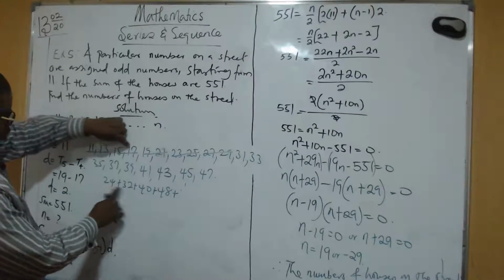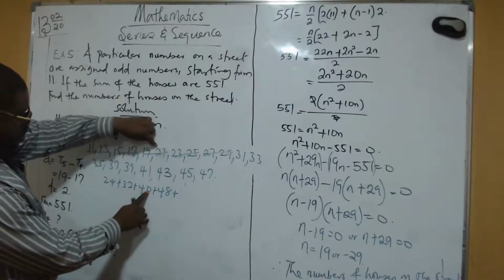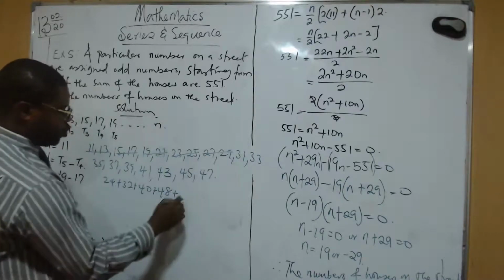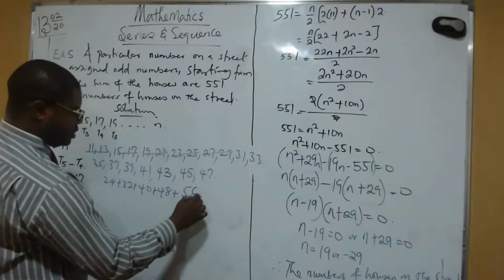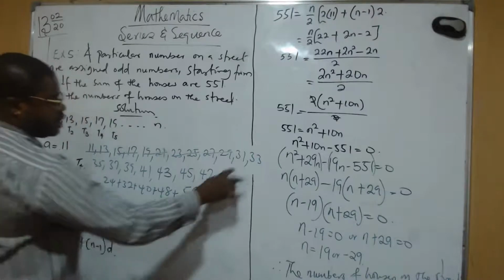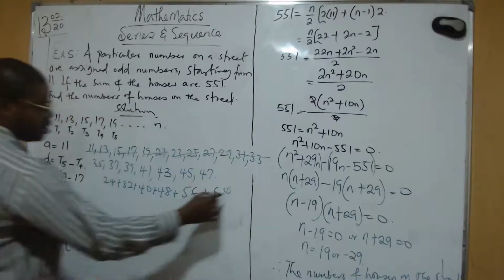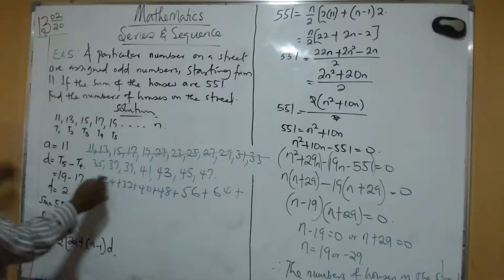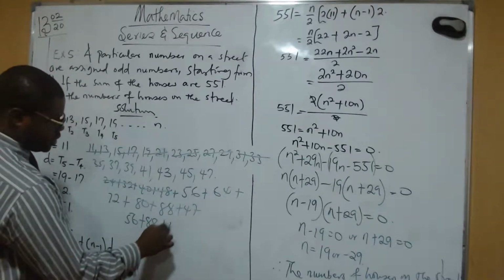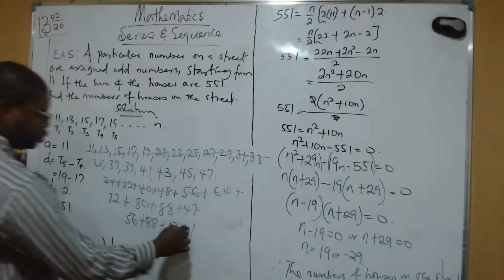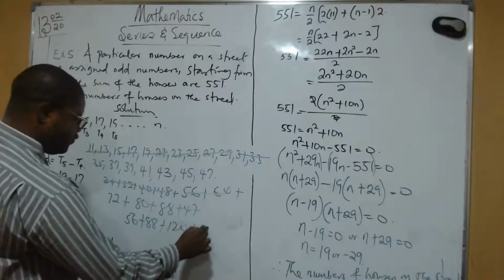1, 2, 3, 4. Okay. Now these two will give me 56. These two will give me 64. Now these two, 120. These two will give me 152.